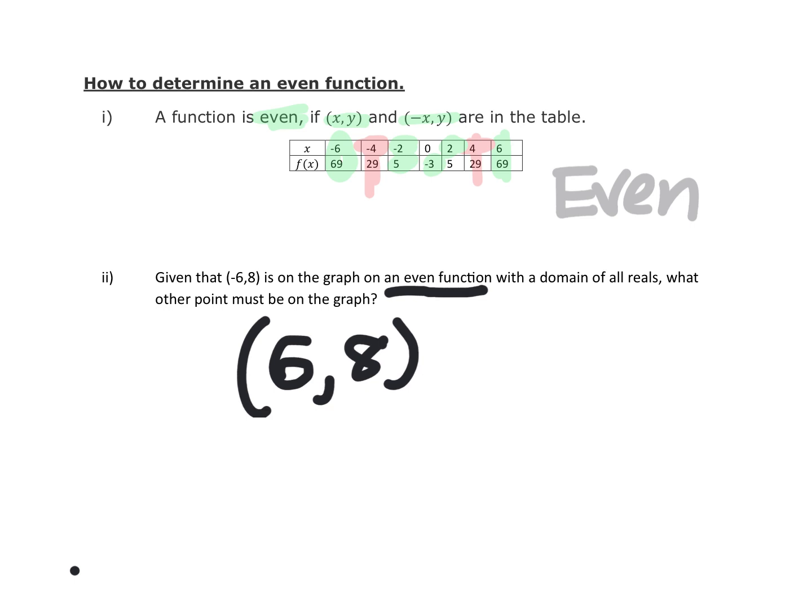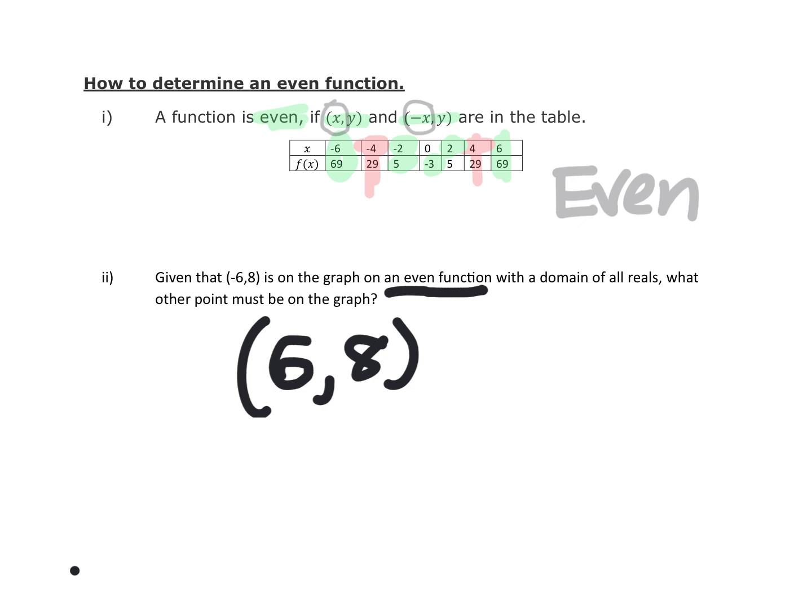That point is also going to be on the graph because I'm looking at the x and -x with the same output. So the inputs have opposite signs, but the output is the same.